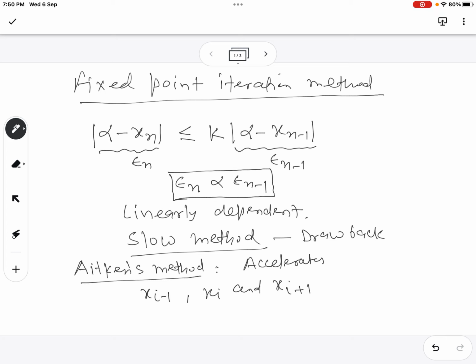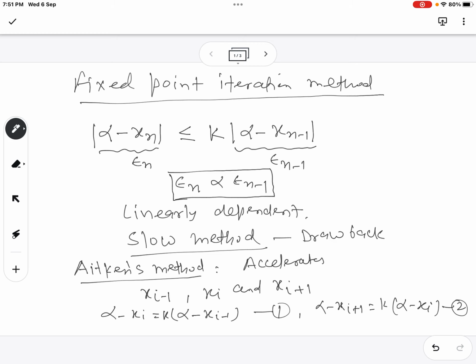So we can write alpha minus x i is equal to k times alpha minus x i minus 1, and alpha minus x i plus 1 is equal to k times alpha minus x i.